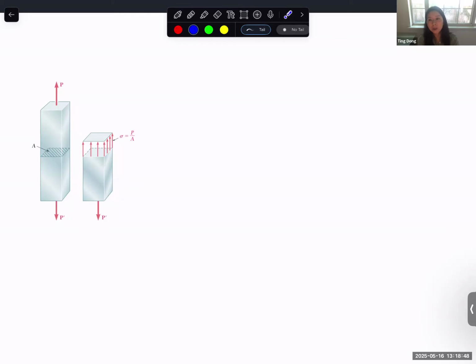So in terms of determining a structure is safe or not, knowing the internal force is not enough. Because if the force is really big, I can always make the cross-section dimension big enough to support that force, and it's still safe. And if the force is very small, I can always make a very thin structure to make it break, right? So whether a structure is safe or fails is not determined by the force itself.